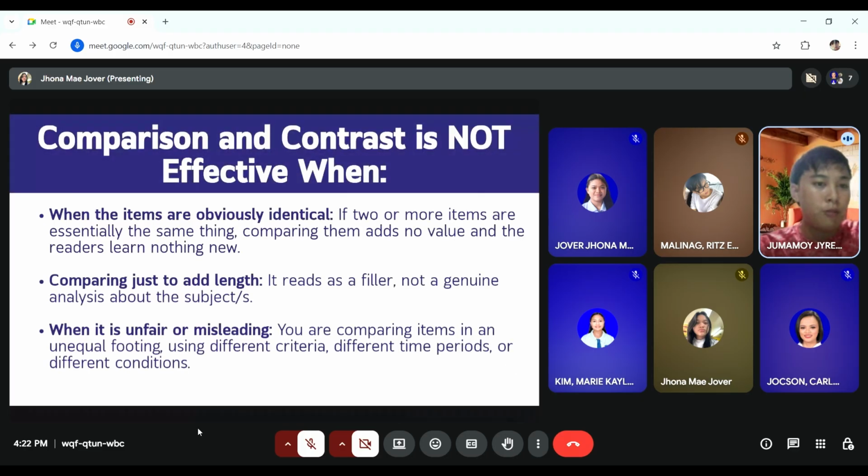So, comparison and contrast is not effective when the items are obviously identical. If two or more items are essentially the same thing, comparing them adds no value and the readers learn nothing new. For example, both British English and American English use the alphabet similarly.